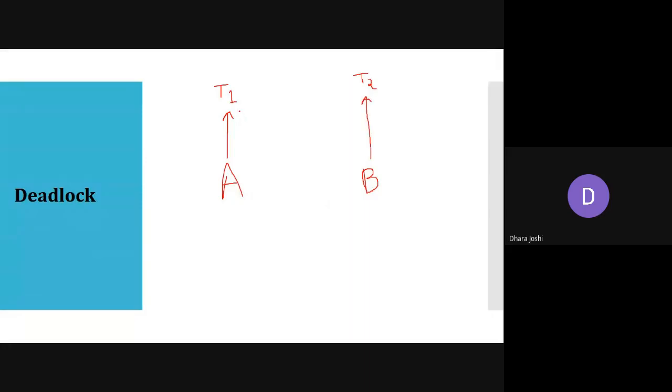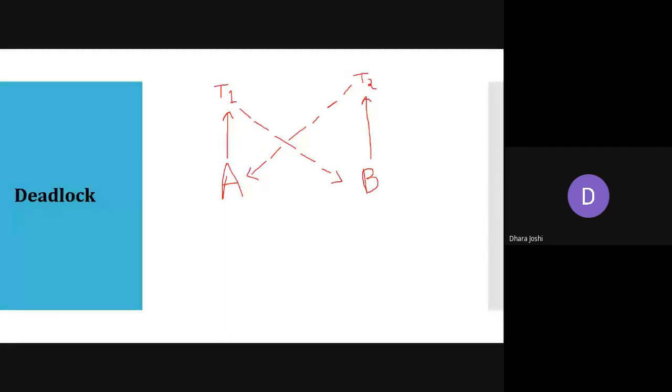Now transaction T1 also wants data item B to be locked, and transaction T2 wants data item A to be locked. This is a scenario where transactions T1 and T2 both want both data items to complete.